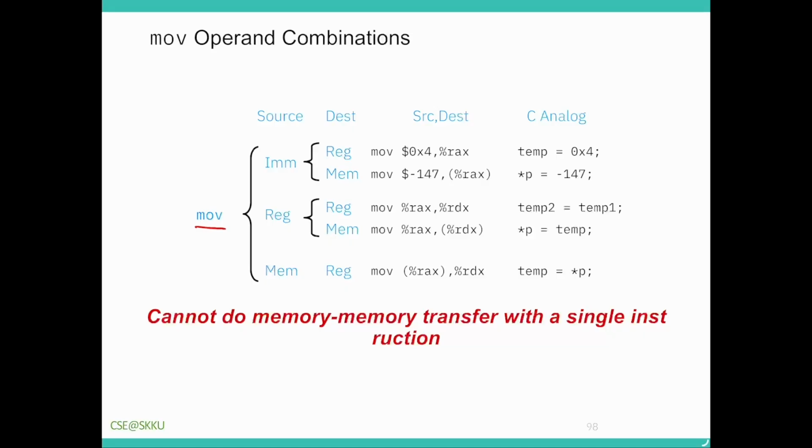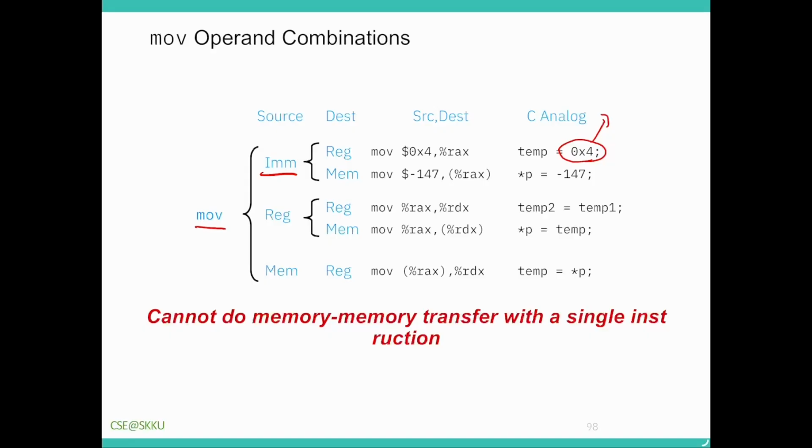We have 3 types of operand here. The first is called immediate. For example, if you're doing something like this in the C programming language, this is considered a constant, right? It's a constant value. And to implement this type of value load, we use the immediate type.